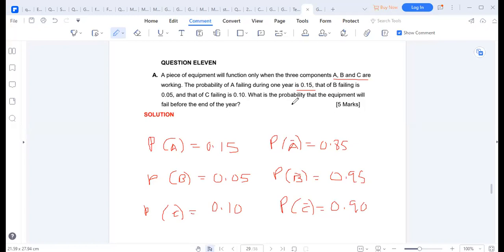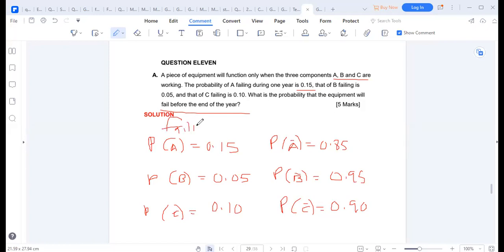We're being asked to find the probability that the machine will fail before the end of the year. Let's read it again. We're told that the machine will only function when all the components A, B, and C are working. So the last question is asking us, what is the probability that the machine will fail before the end of the year?